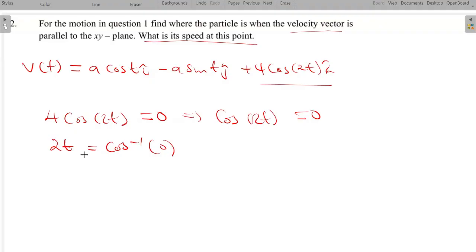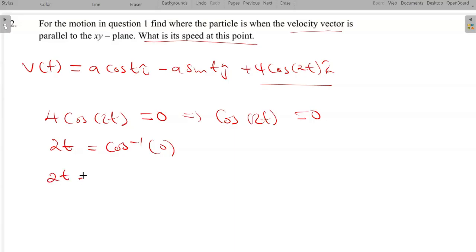I know that cos 90 is 0, meaning the cos inverse of 0 is 90, which is just pi over 2.